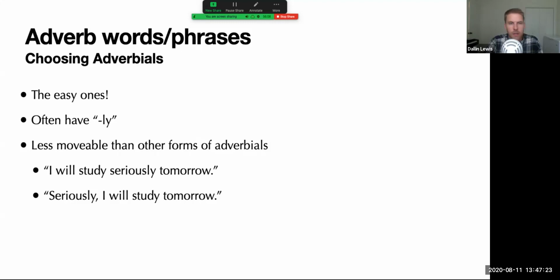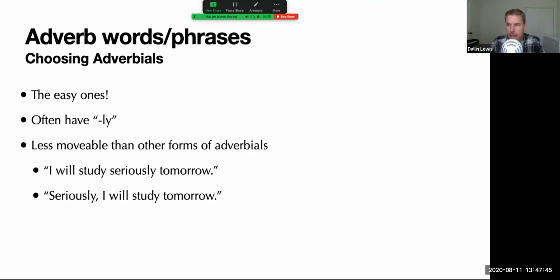Okay, so the simplest one is one that we've basically talked about before. These are adverbials that are comprised of adverb words or phrases. These are the words that often end in ly. And note that while I said that adverbs are more movable than adjectives, it's all relative. Adverbs themselves tend to be less movable than other types of adverbials.